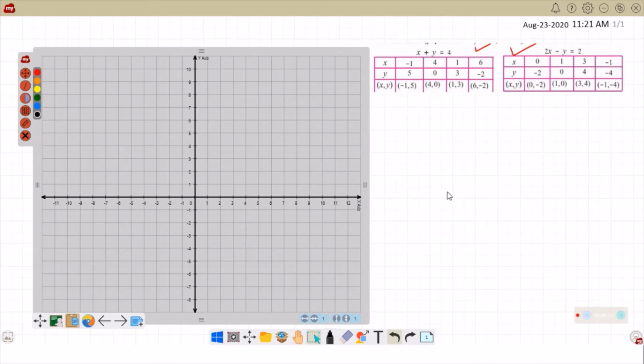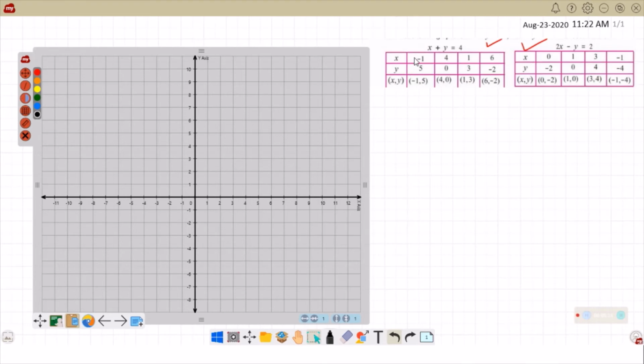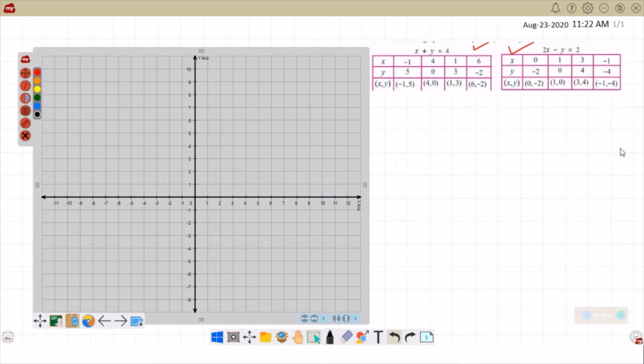Now, next, I will go a little fast because you should also do it fast. The x and y points I should mark here. For marking the points I need the pen. I will mark it with the pen here. First one is minus 1 and 5: minus 1 on our x-axis and 5 on the y-axis.